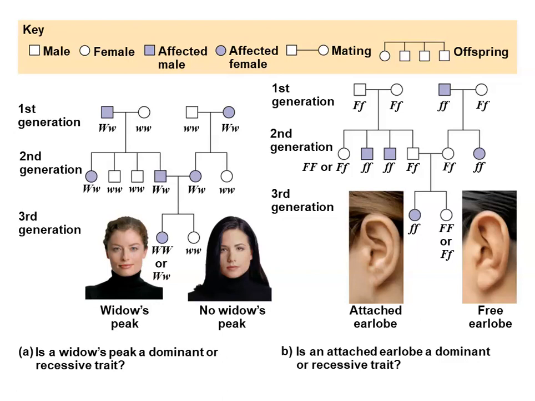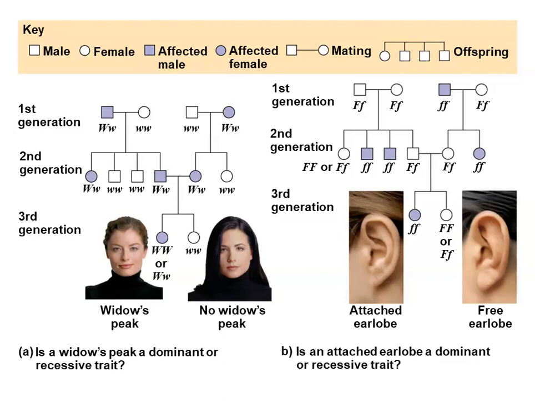So if we work our way back, we see that neither parent had attached earlobes. That right there is kind of a giveaway, because when neither parent has that attached earlobe, but one of their offspring does, the trait disappeared and then showed back up again.